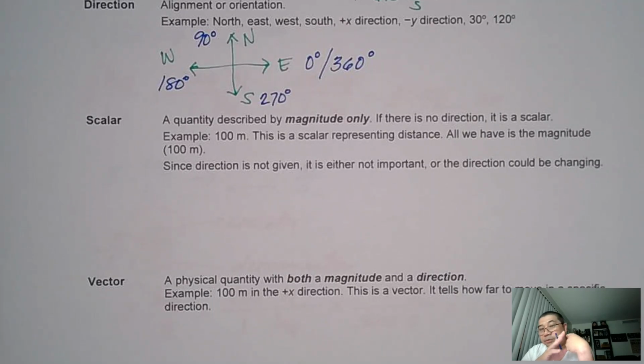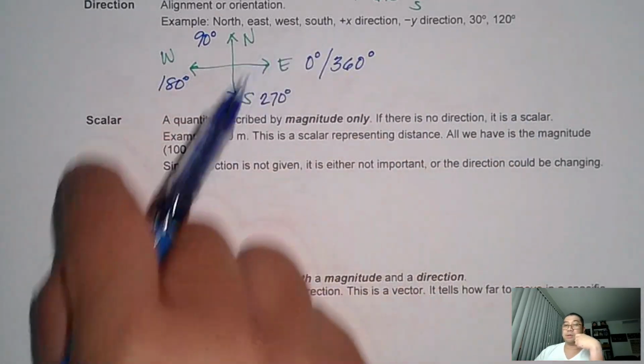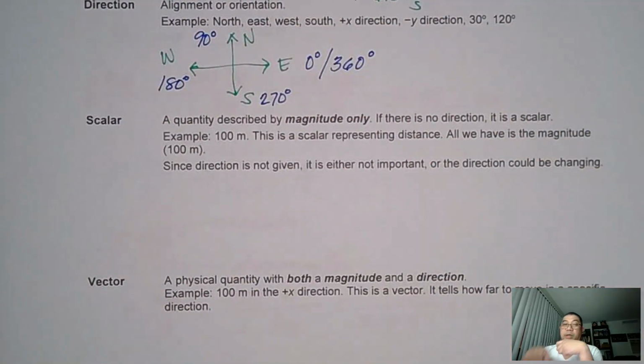One example of continuously changing motion is circular motion, where it's going around in circles. So the direction changes, and that's when we have what we call centripetal acceleration, because it is being caused by centripetal force.